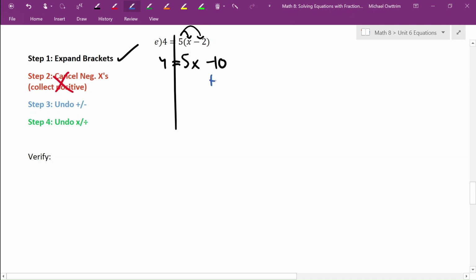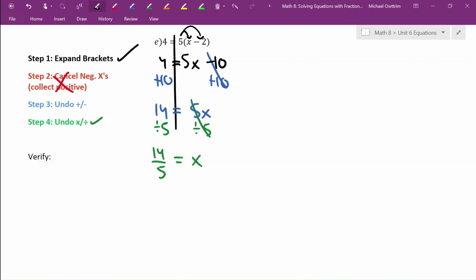X is being subtracted by 10. The opposite is adding 10 to both sides. That gives me 14 is equal to 5x. Lastly, I need to undo multiplication and division. X is being multiplied by 5. The opposite is dividing by 5, and we'll do that to both sides of our equal sign. We're left with x on the right side and the fraction 14 over 5 on the left.